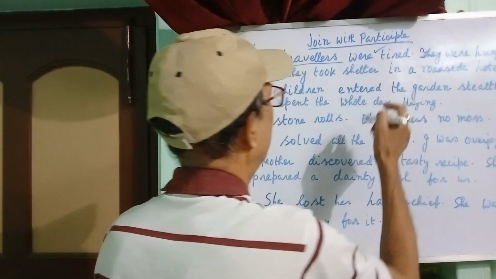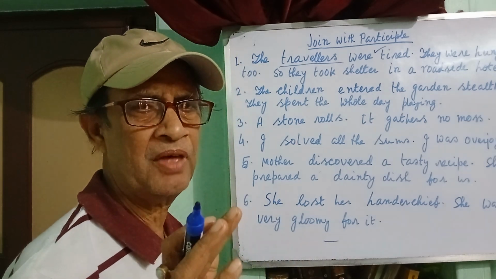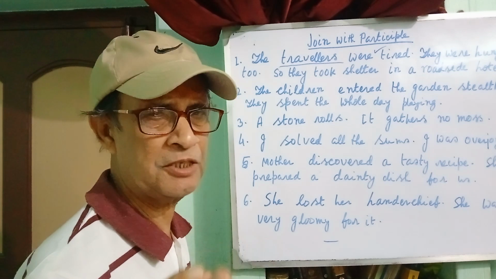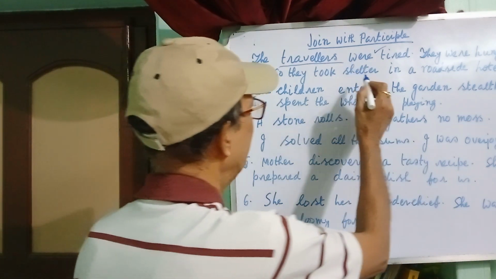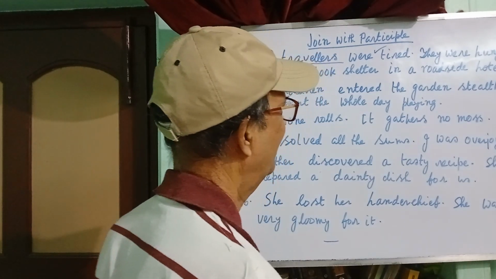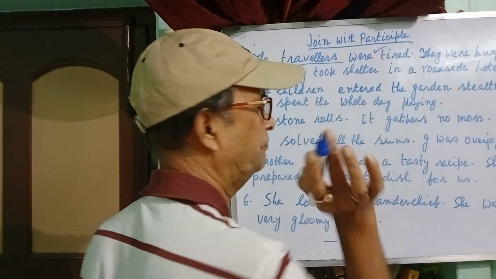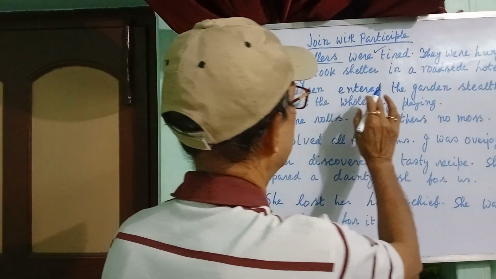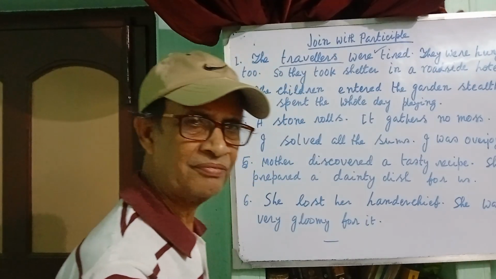Being tired. You know that there are three forms of be verb: am, is, are, and the past forms are was and were. So, being tired and being hungry too, comma, the travelers took shelter in a roadside hotel. Clear?